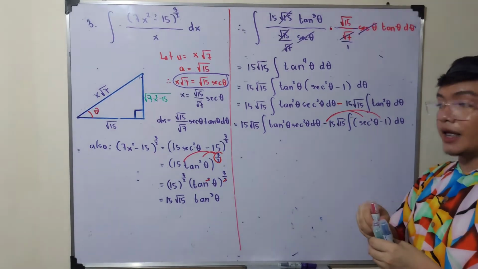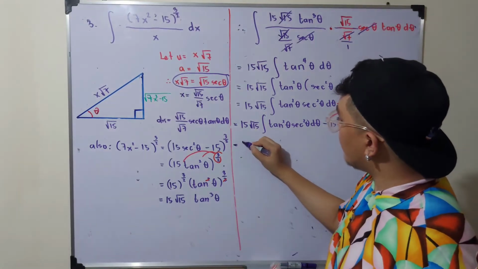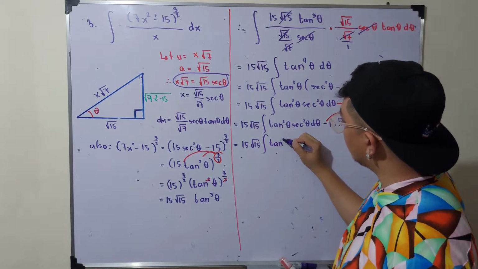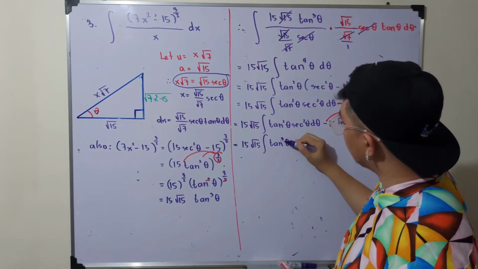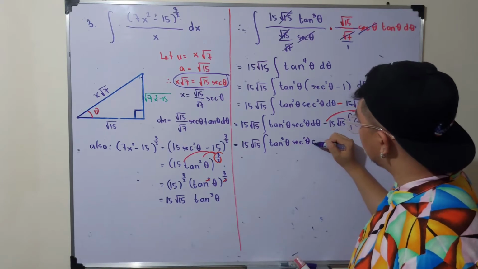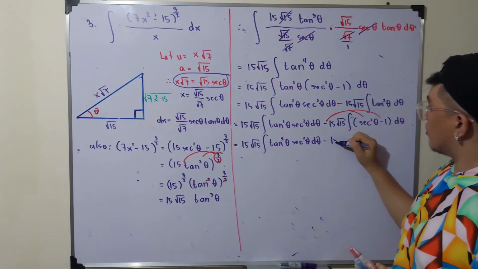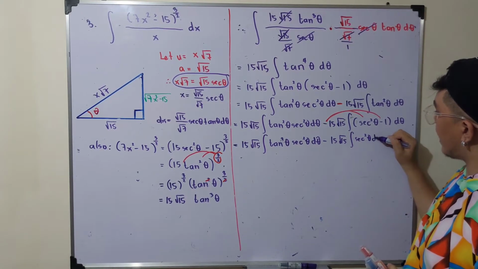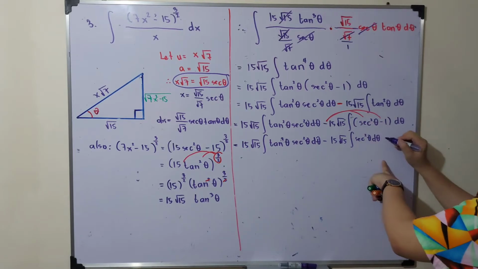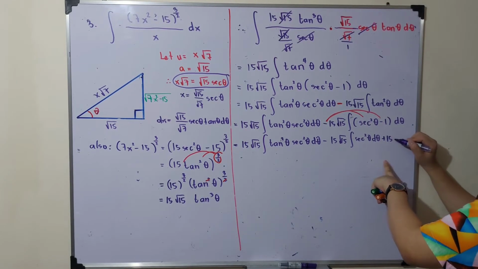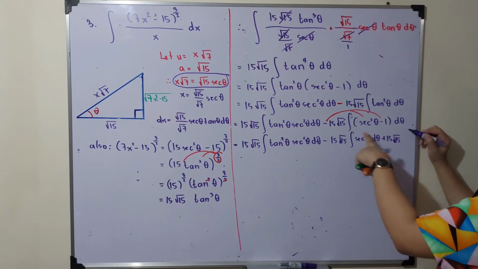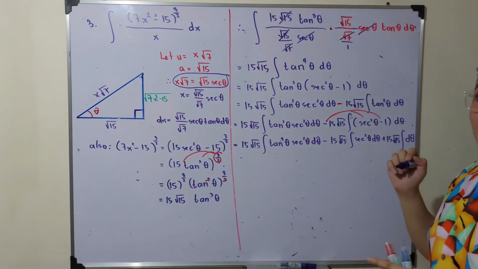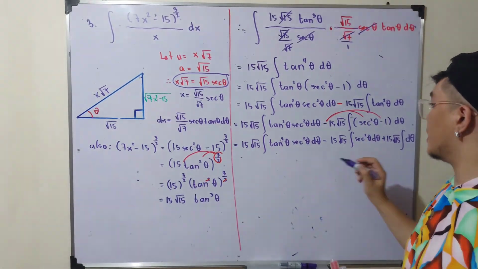Kaya be careful with the sign. Okay, we have 15 square root of 15. Ito, huwag muna natin i-integrate. Kasi ito, 15 square root of 15 times the integral of secant squared theta d theta plus 15 square root of 15 times the integral of d theta. Ayan. So, pwede na tayo mag-integrate. Lahat sila pwede nang integrate.